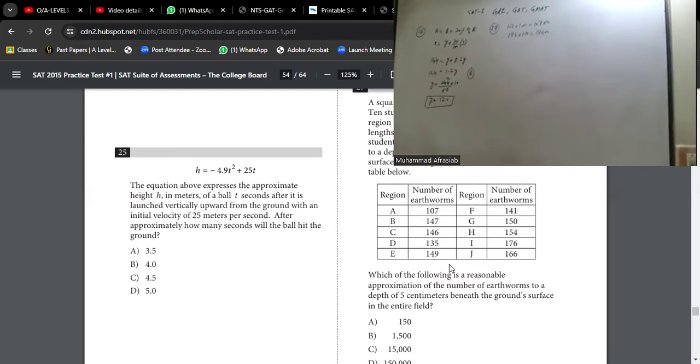Now, the approximation of this field is the average of these two.